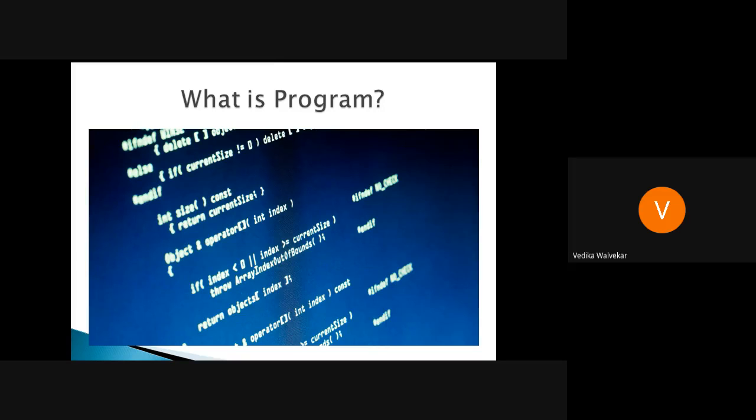To the mobile or to the computer, you are telling how it has to operate. Who will tell? Some person, XYZ, will tell it. Whatever he is telling the system or mobile about how it has to operate, he has already written how it has to operate.